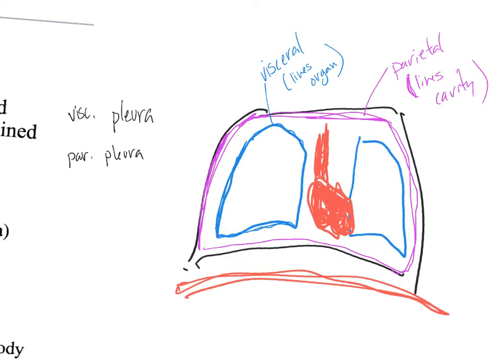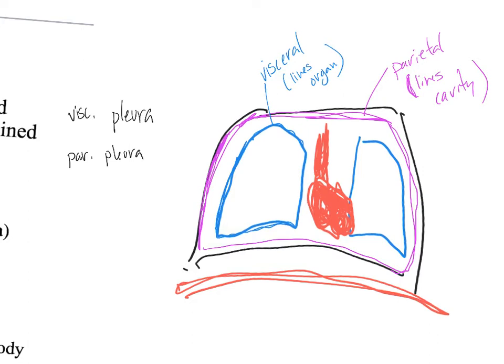Parietal. Okay? Now I didn't say the heart, right? The heart has its own special area inside the middle of there, what we call the mediastinum. The heart has its own cavity within the thoracic cavity.